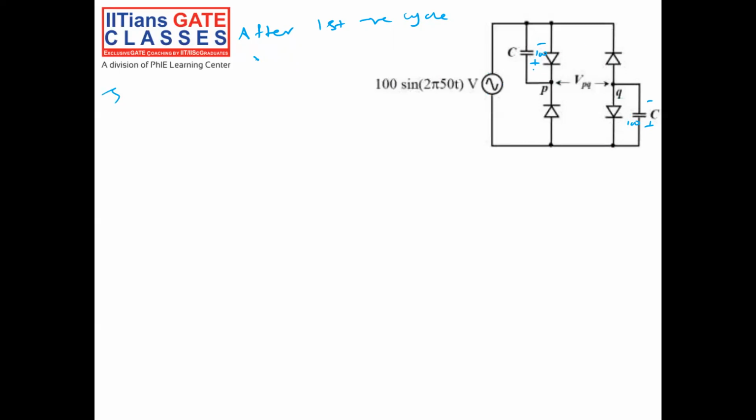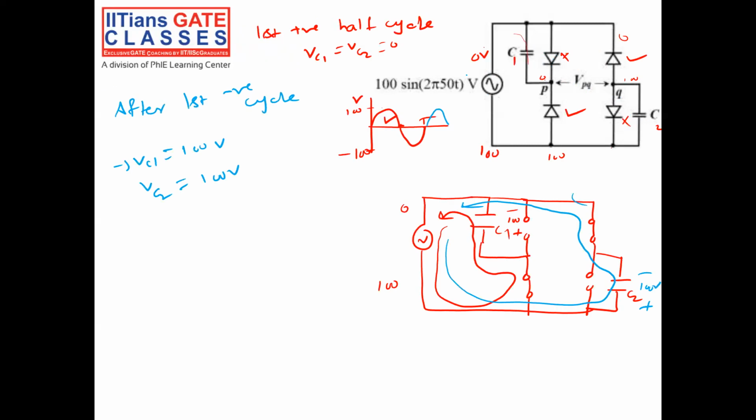Since after the first negative cycle I am having plus minus 100, this will always be off, because this is plus, this is minus. Similarly, this will be plus, this is minus. Since I am applying a negative voltage to the anode and plus 100 to the cathode, this also will be off.